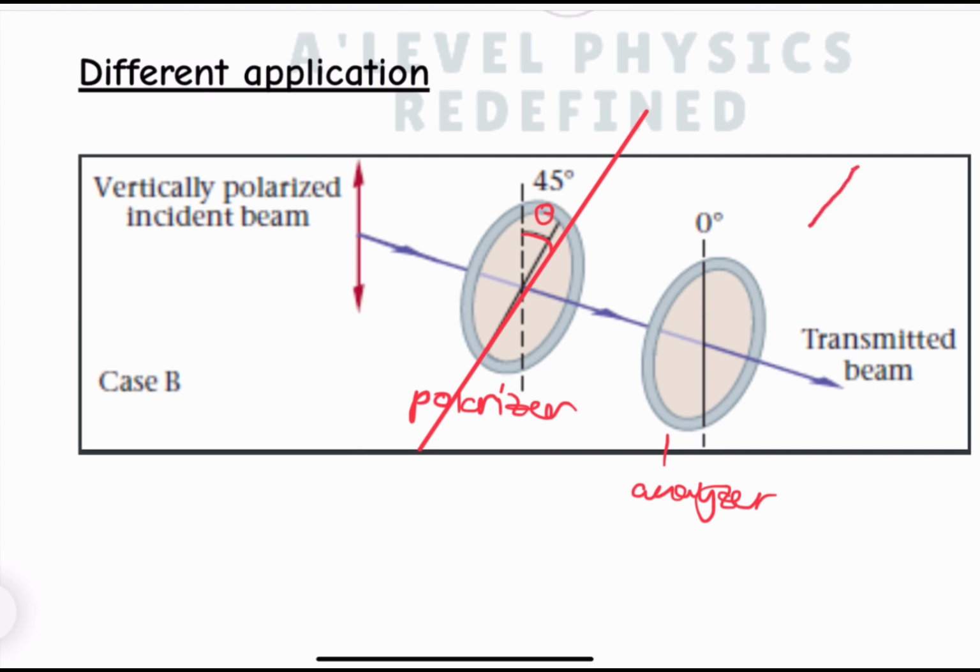Well, you position your light beam here. This is your value of angle theta. Your angle theta will be the angle between the polarizer and the direction of the analyzer itself. Very important for you to understand that.